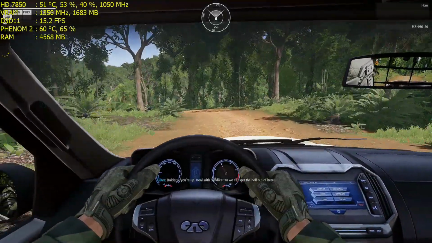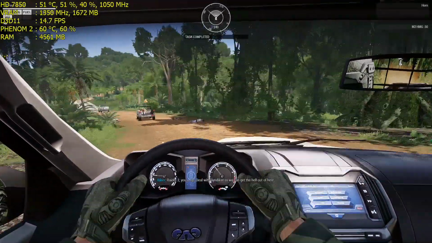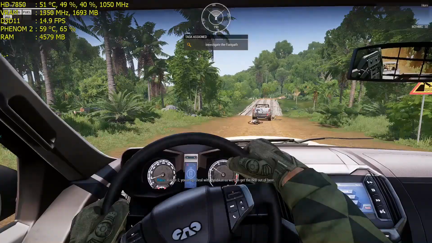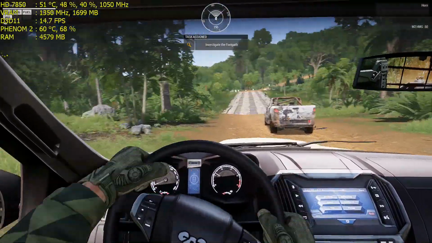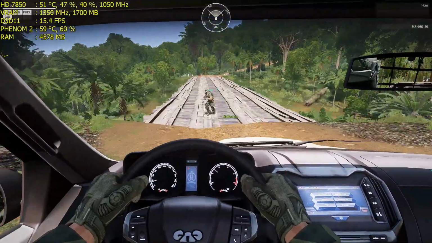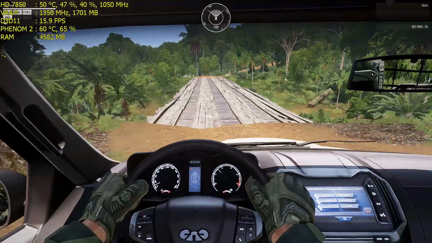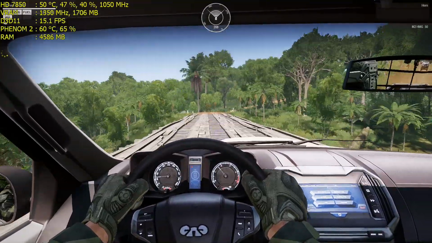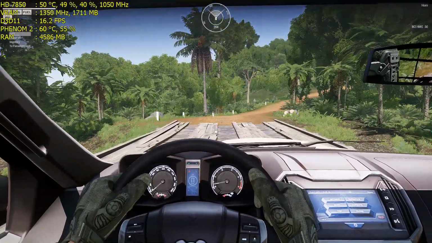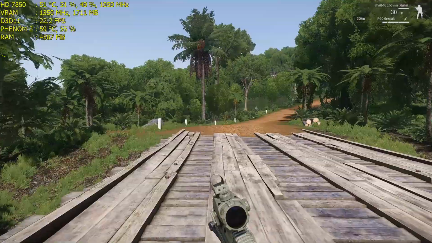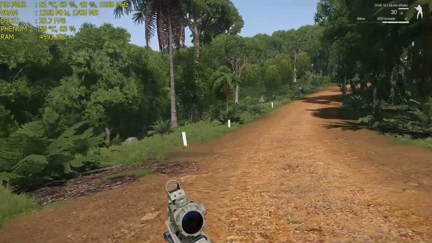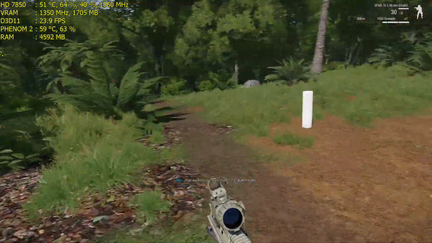Deal with Syndicate so we can get the hell out of here. That would be the path, Raider 2. Follow it down.